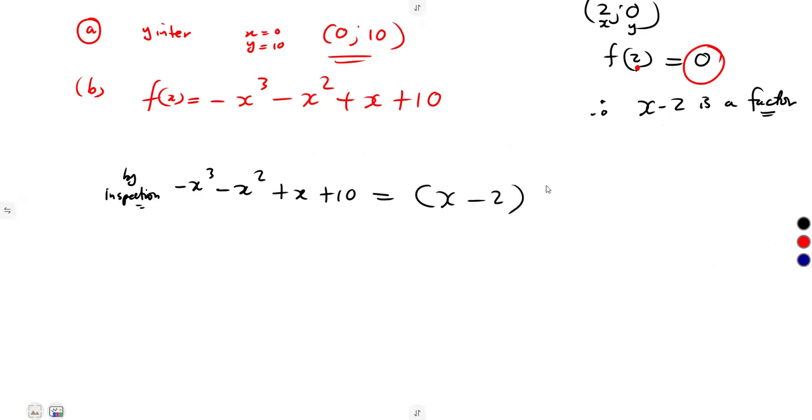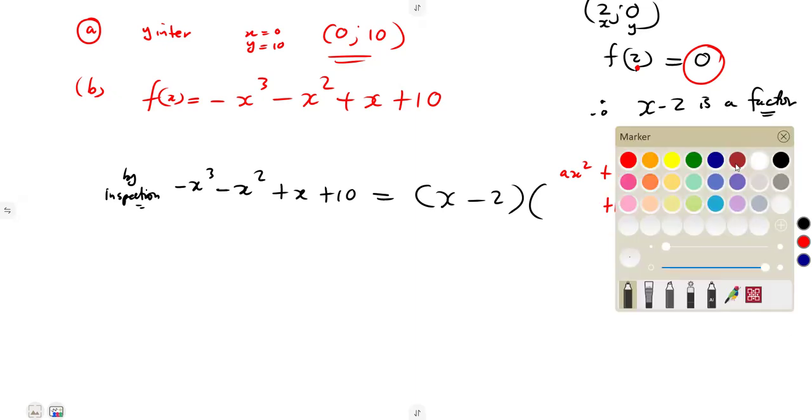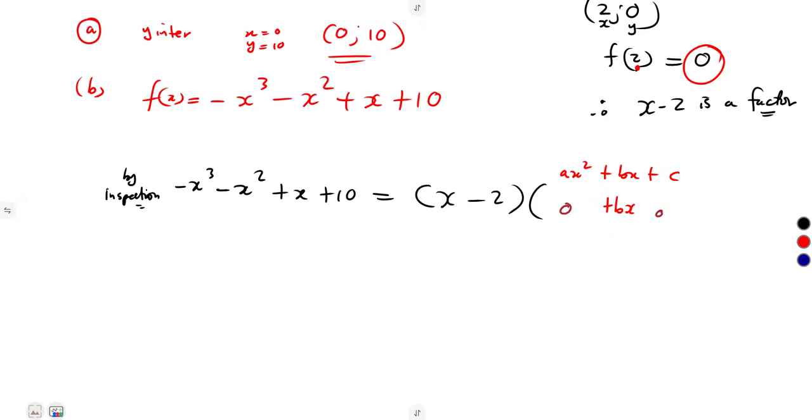Then I'm going to obtain the second bracket, which is the quadratic factor ax squared plus bx plus c. We are supposed to find the value of b. We do not know that one. What we know is the first term and the constant.